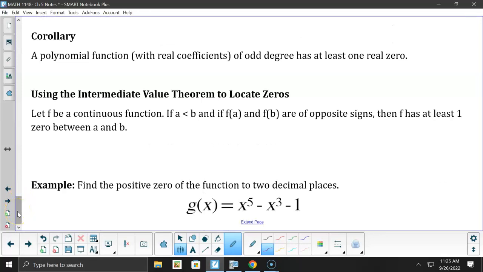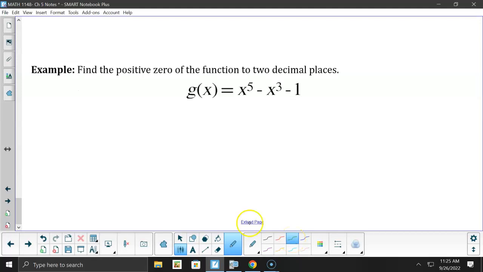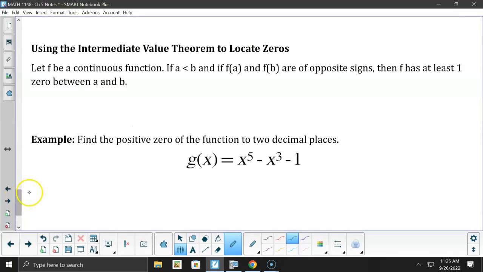Yes, we wrote this down and we're like, sure, I wrote it. I don't know what it means. So let's say you've got some polynomial, and you've got A as 3 and B as 5. When you plug these values into the polynomial, f of 3, let's say it is a positive number.